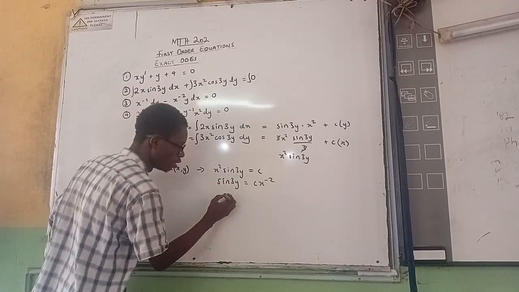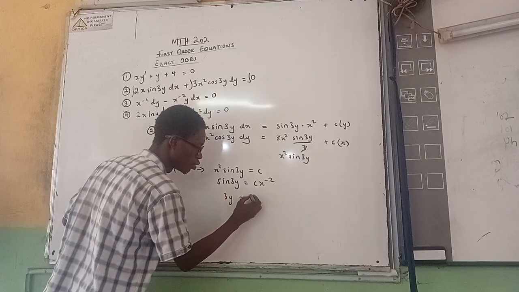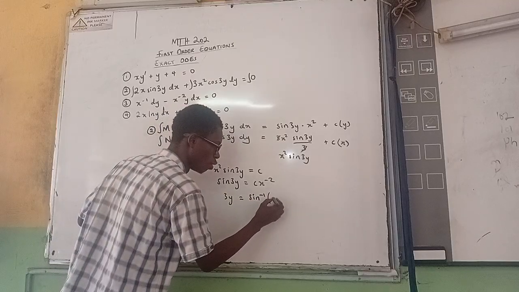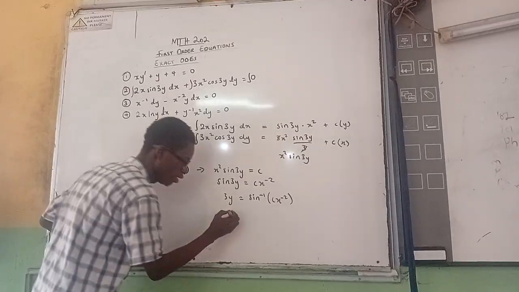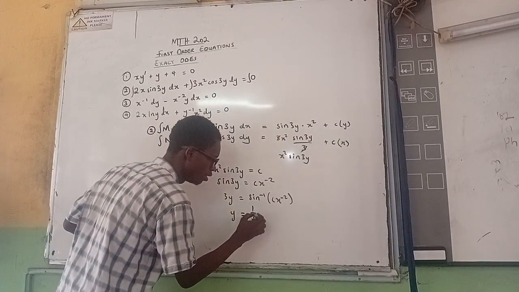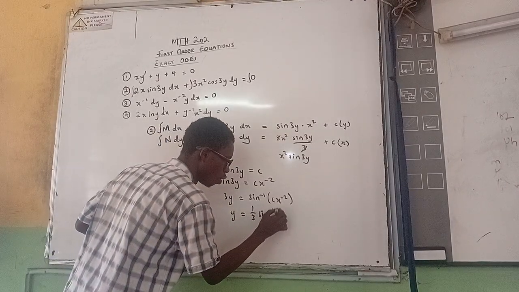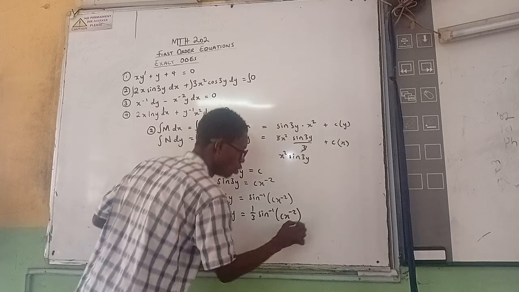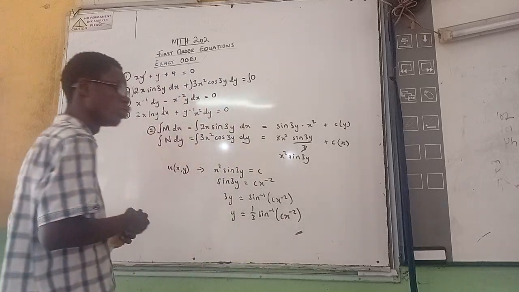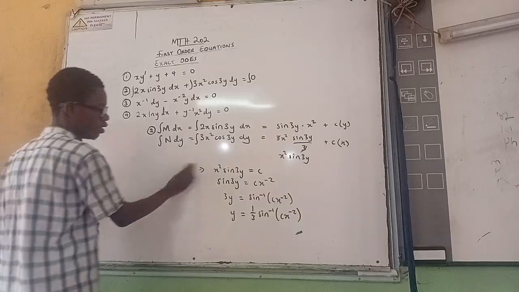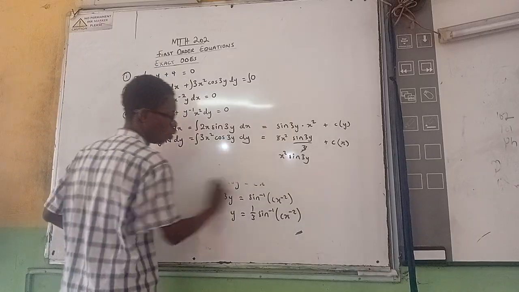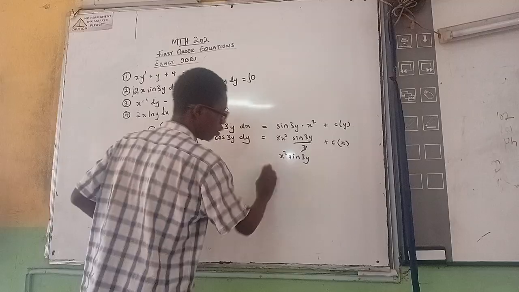I can now write 3y equals sine inverse of cx minus 2, and y equals 1 over 3 sine inverse of cx minus 2, and this is the solution to our ODE number 2. This is the solution to the second exact ODE.